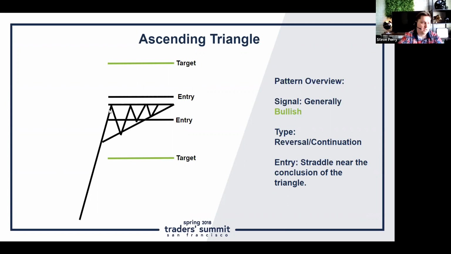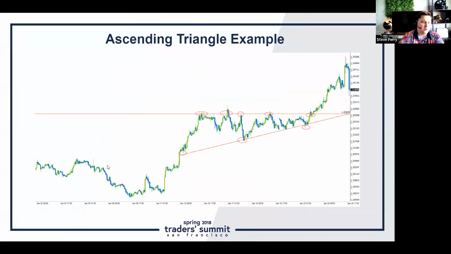But here is an ascending triangle. Basically, an ascending triangle is a market that comes up, and it's squeezing again, but it's got a flat line on the top, a nice horizontal line, and then ultimately finds its way to break out. Typically this is going to be to the upside. I have seen these break to the downside in the past, though, so you have to be careful. Here's an example.